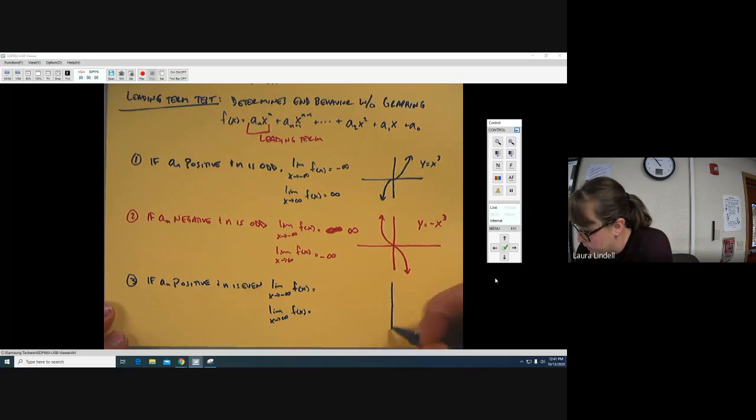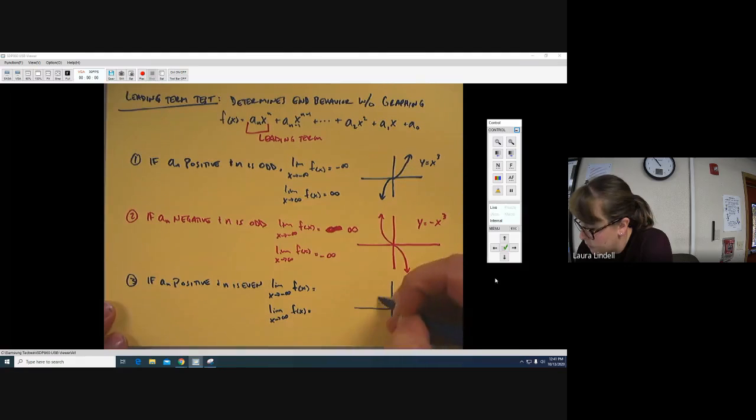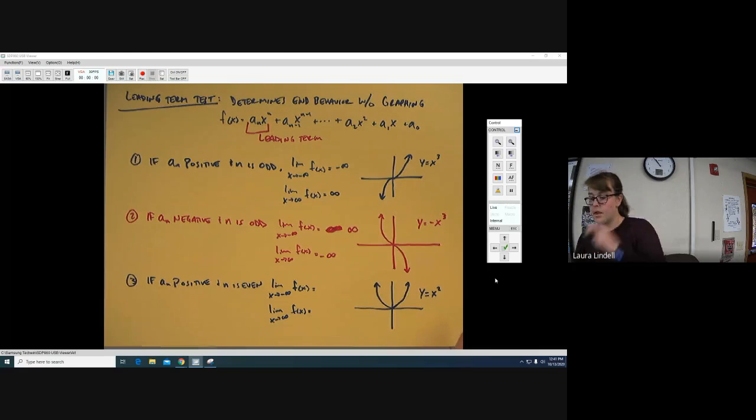And this might be the case of y equals x squared, where they're both going off to positive infinity.